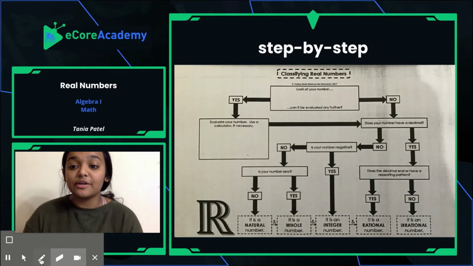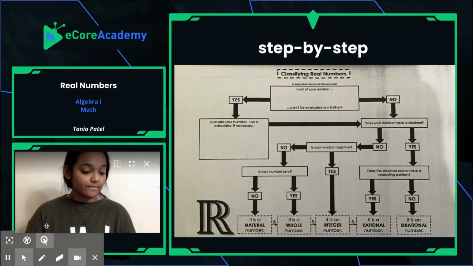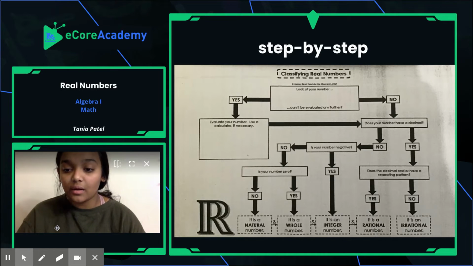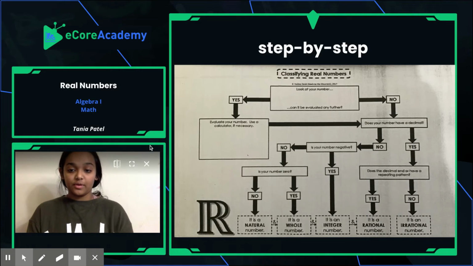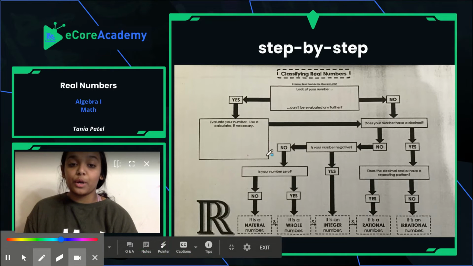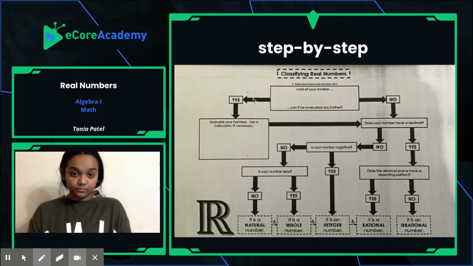So now, with our last example using this chart, the last number that we're going to work with when using this mind map will be 57.0131313 repeating.